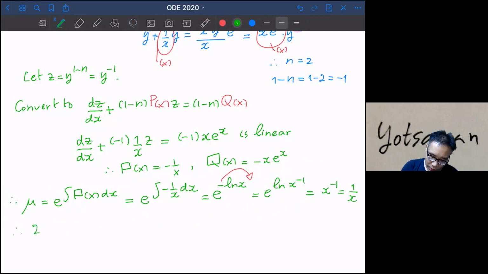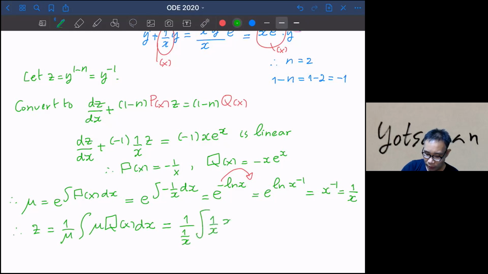And you're going to get z equal to 1 over mu times the integral of mu Q(x) dx. So this will be 1 over x, and you have the integral of mu, which is 1 over x, times x e to the x dx. And the x's will cancel each other.